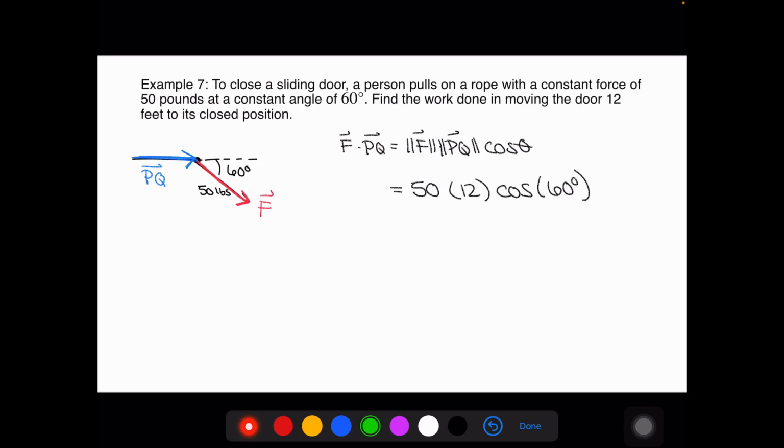We're moving that door 12 feet. And the angle between those vectors is that 60-degree angle. So I just have to take 50 times 12 times cosine of 60 degrees. And I ended up getting 300. And so that's the work that we have done here. Since we multiplied pounds by feet, my units would be foot-pounds.